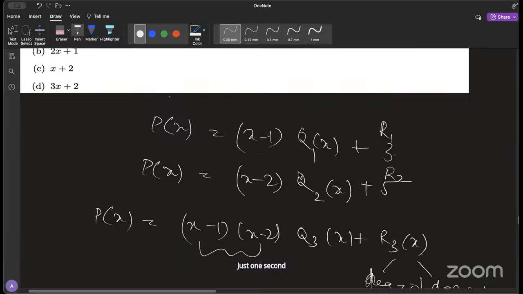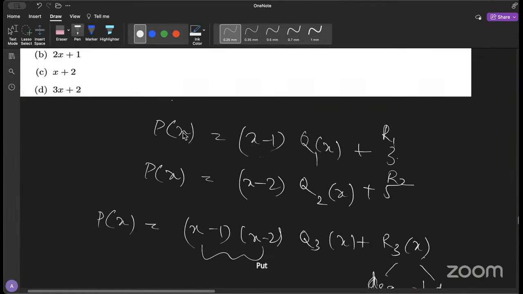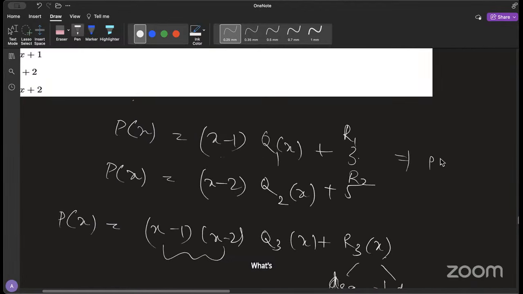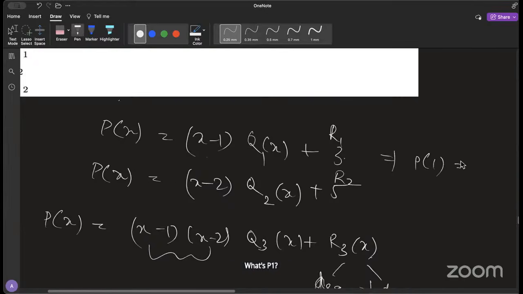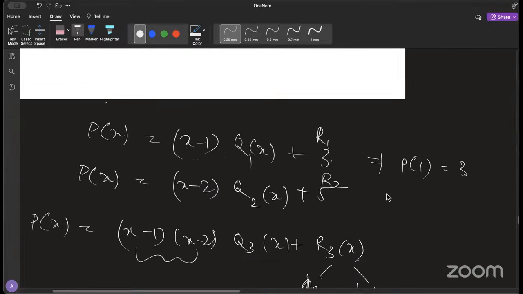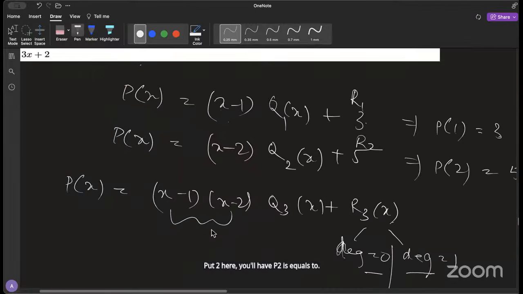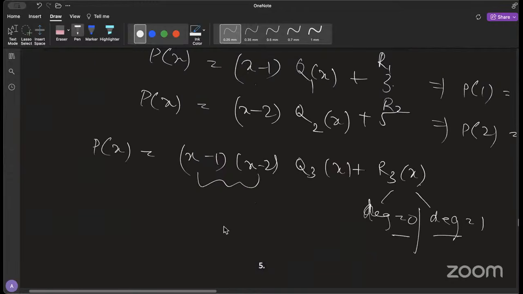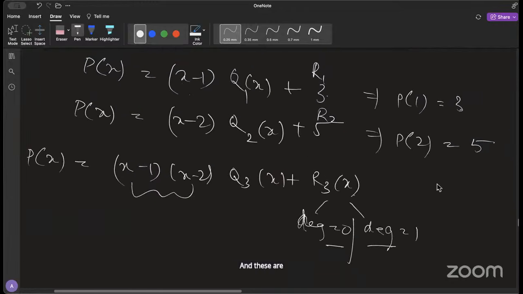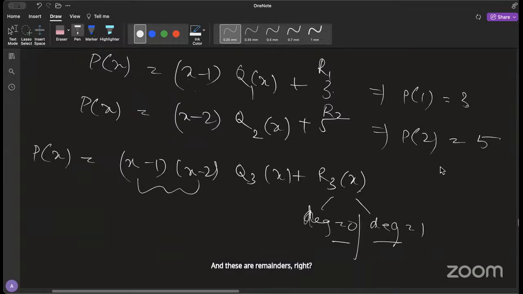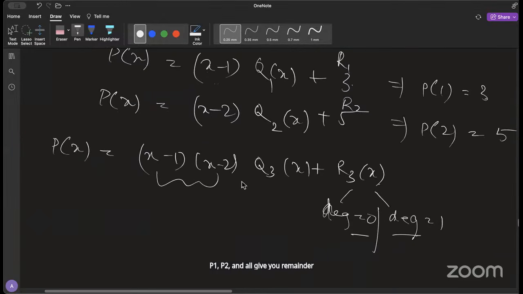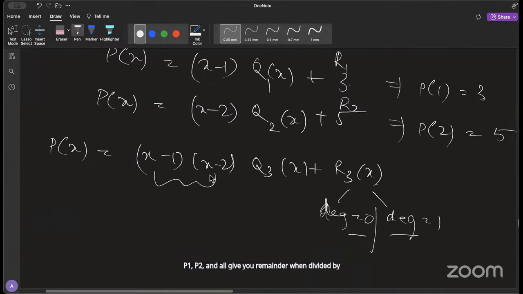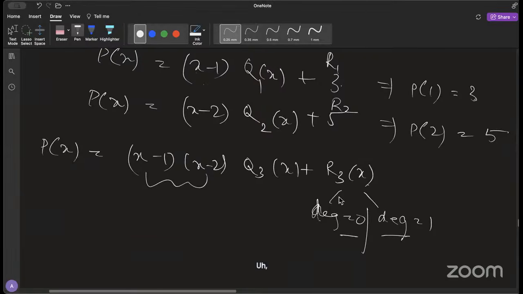If I put 1 here, what's P(1)? 3, right? Put 2 here, you'll have P(2) equals 5. And these are remainders, right? P(1), P(2) and all give you remainder when divided by x minus a or whatever.